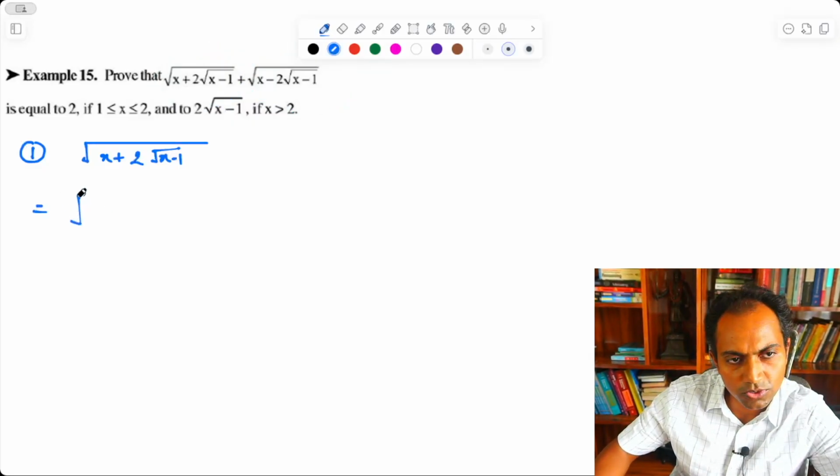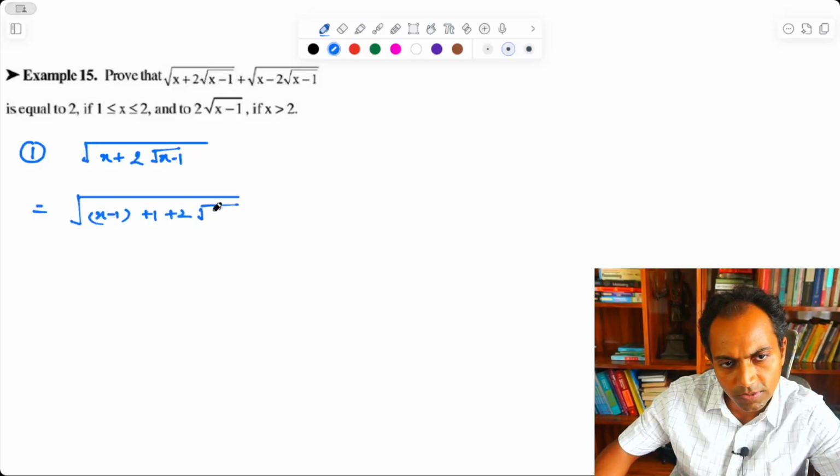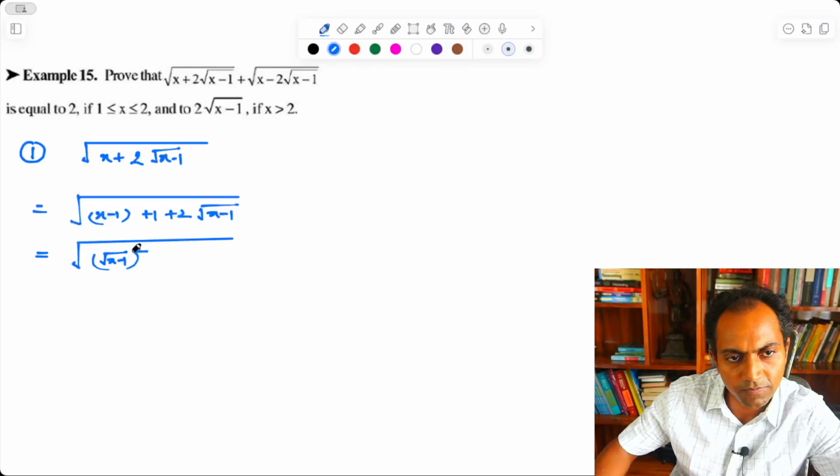If I take this question, what is happening now? See, this can be written as x minus 1 plus 1 plus 2 root x minus 1. And if I do one more step, you will be able to understand what I am doing. So if I write this as root of x minus 1 whole square, it will still be x minus 1. This will become 1 square. This is 2 into root x minus 1, then into 1.